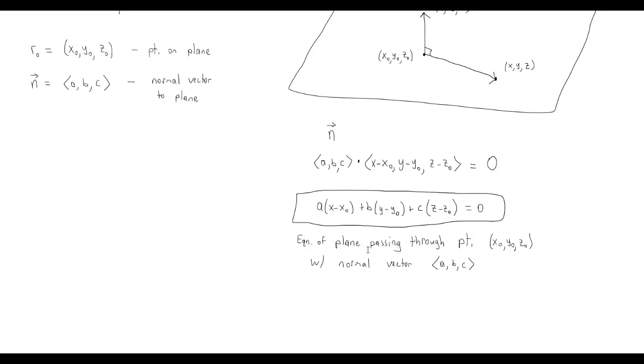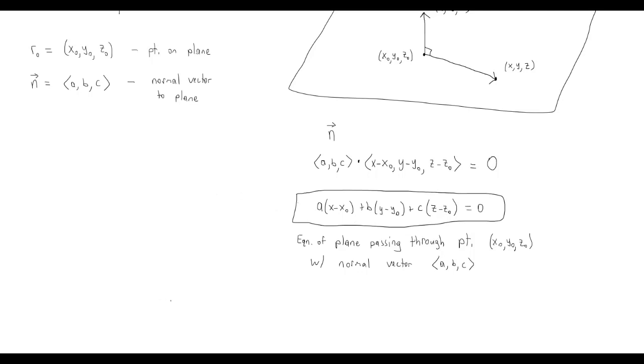Alright, so it's worth noting how the point and the normal vector appear in the equation. The normal vector essentially comes from the coefficients of x, y, z. The point x naught, y naught, z naught is being subtracted inside these parentheses.